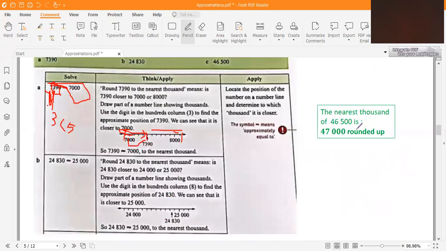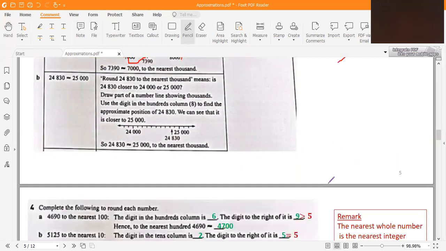Now the nearest thousand to 46,500. In the thousand column, we have 6. On the right, we have 5. 5 is equal to 5, so we add 1 to 6, and all the digits on the right we replace by zeros.